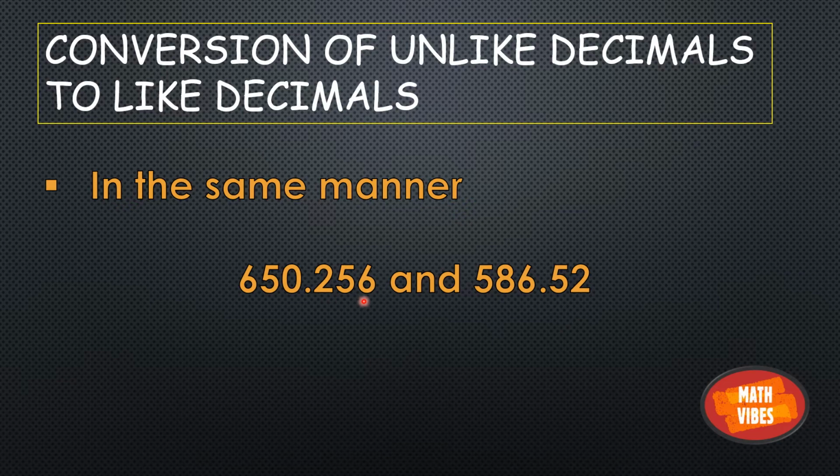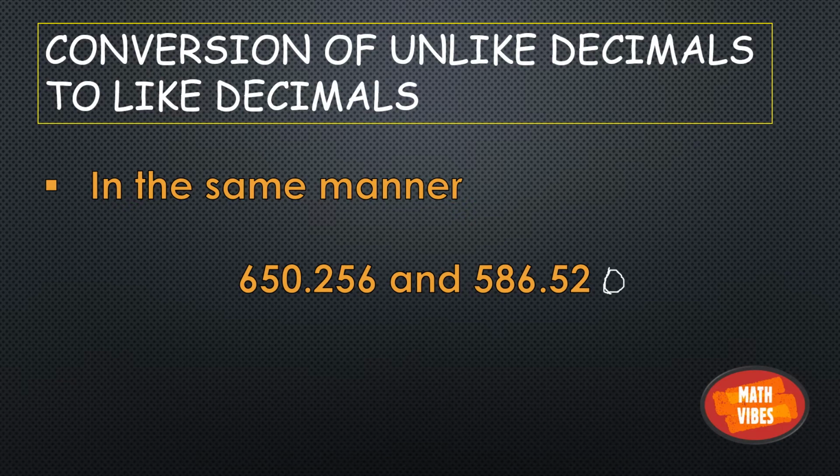We have counted 3 here and 2 here. So in 586.52, I need one more digit to make the decimal part of both numbers 3. No worries, we will just add one zero over here, and this will be 586.520.